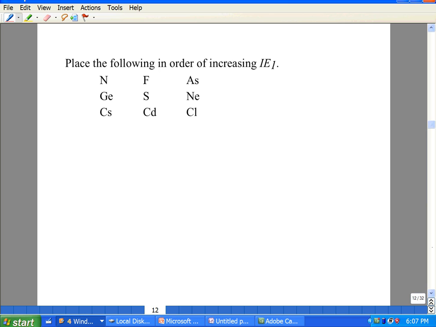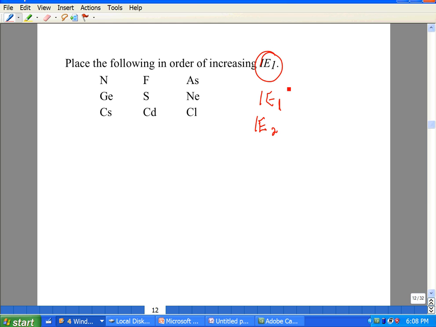Now the next question asks us to place the following in order of increasing ionization energy. That's what this IE1 means. And remember, IE1 and IE2 are different. IE1 is the first ionization energy.